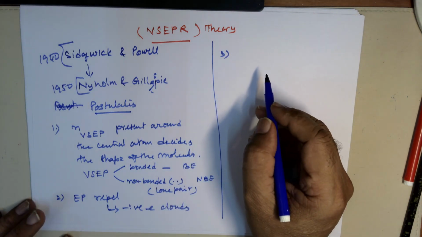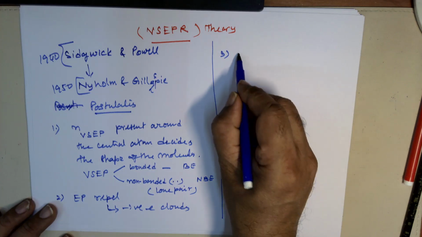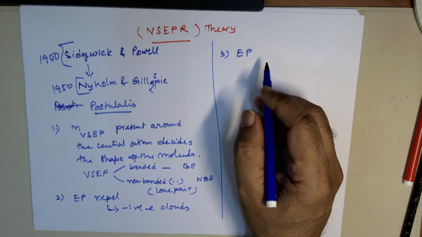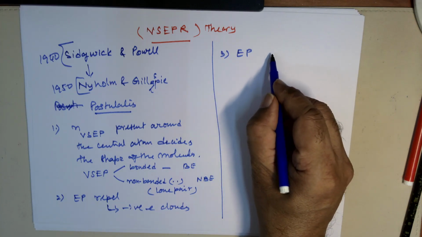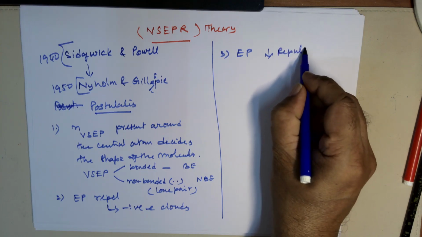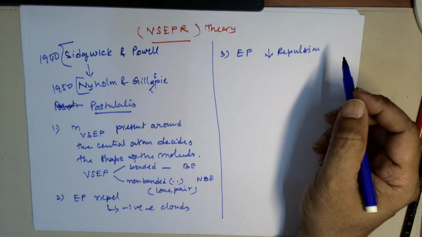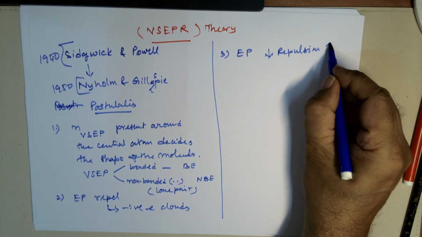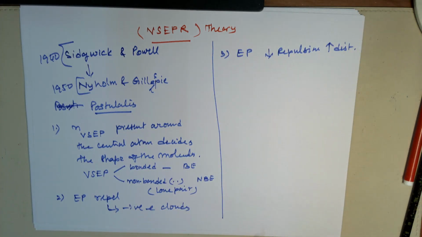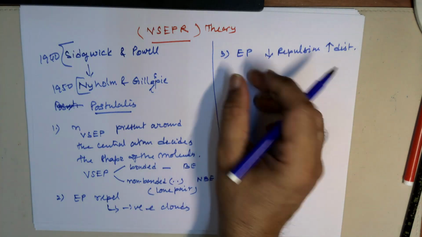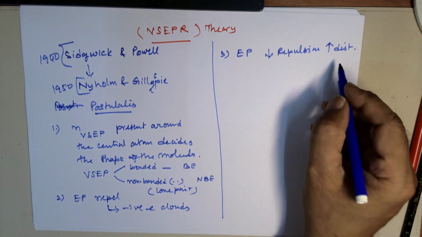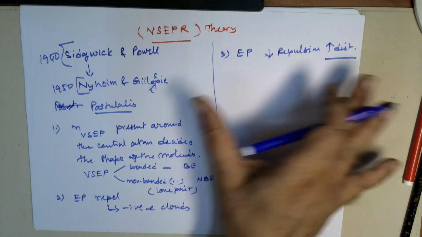So the third point is the electron pairs maintain minimum repulsion by keeping maximum distance. What is that? The electron pairs attain the minimum repulsion. How? By keeping maximum distance between them.